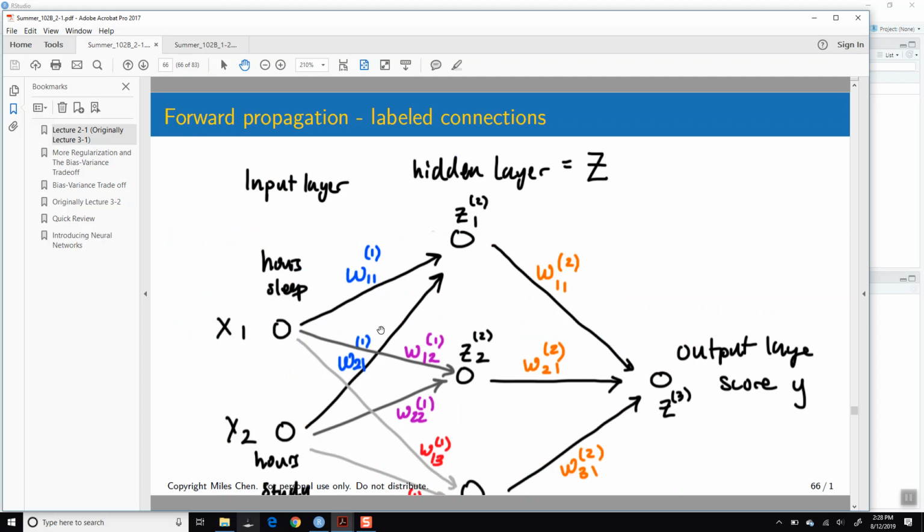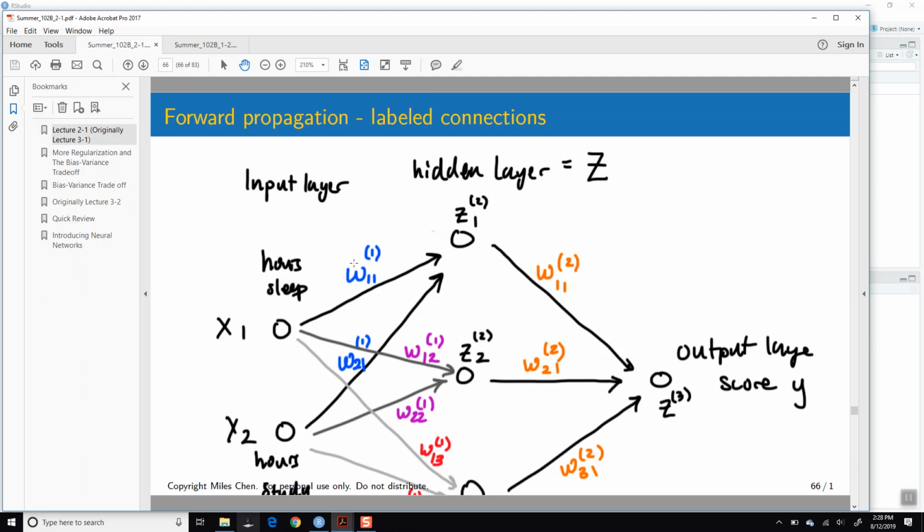Okay, so I've labeled all of these weights. We've got 2 weight matrices: the weights between the input layer and the hidden layer, and the weights between the hidden layer and the output layer. This is weight matrix 1, which is W super 1, and over here we've got weight matrix 2, which is W super 2.